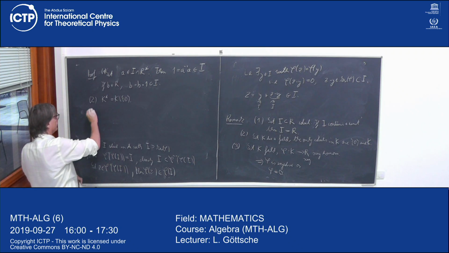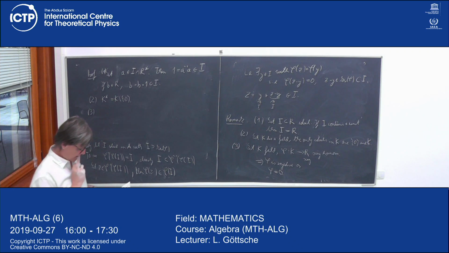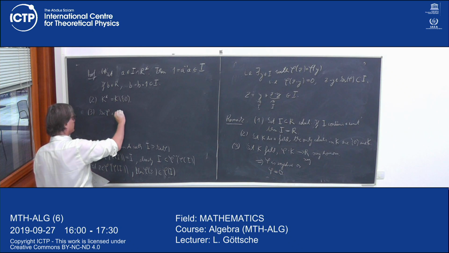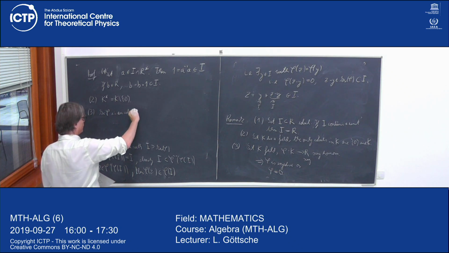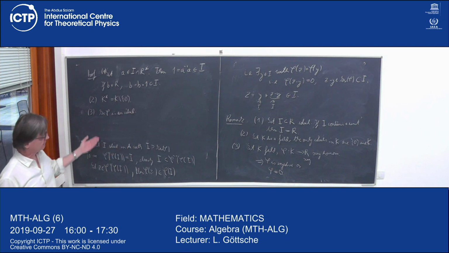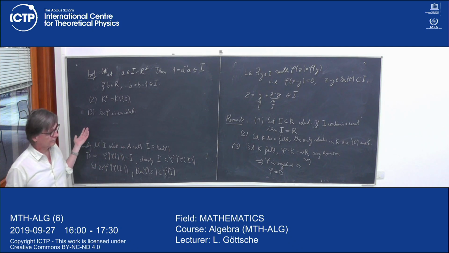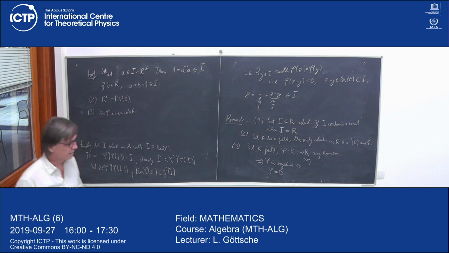And the third one is just that we know that the kernel of phi is an ideal. So the kernel of phi must be either equal to 0, so that the map is injective, or it must be the whole of the field, so then the map is 0.